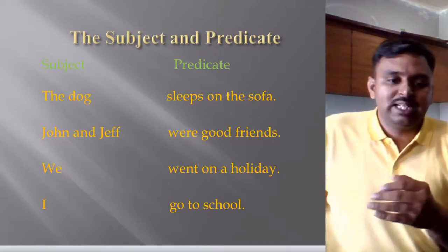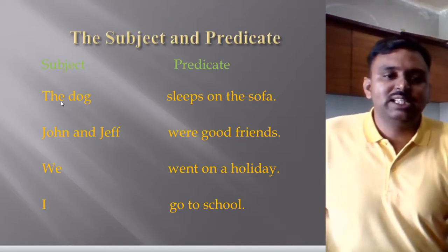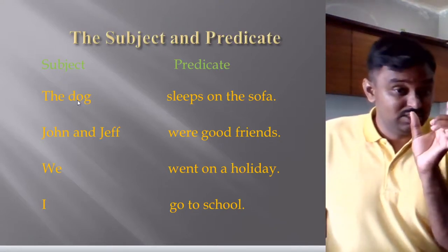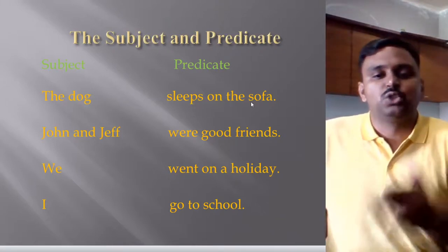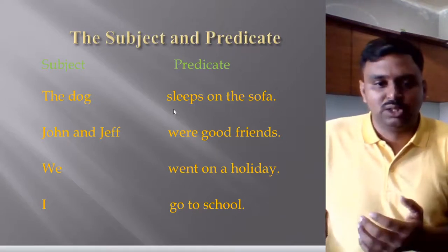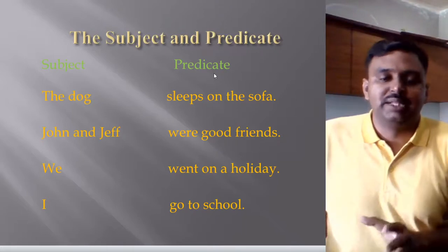Now we can get the idea of this by referring to examples. Like, "The dog" is what here? Subject, because the noun and the article are both added there, it is forming the subject. And look at this: "sleeps on the sofa." So "sleeps" is what here? Verb, and "on the sofa" is the object. So verb plus object forms the predicate.